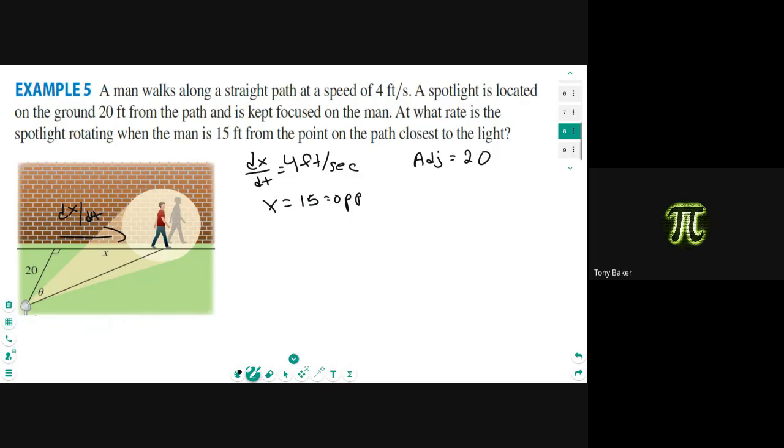SOHCAHTOA. All right. So how am I relating these things together? Okay, opposite and adjacent is going to be tangent. So SOHCAHTOA, TOA. All right, so the tangent of theta equals x over 20.